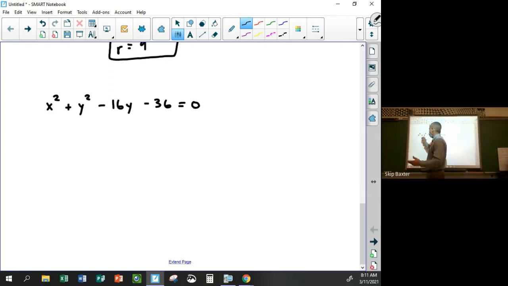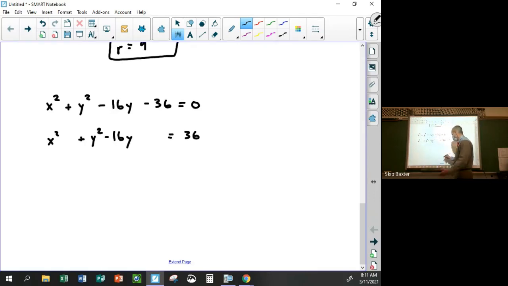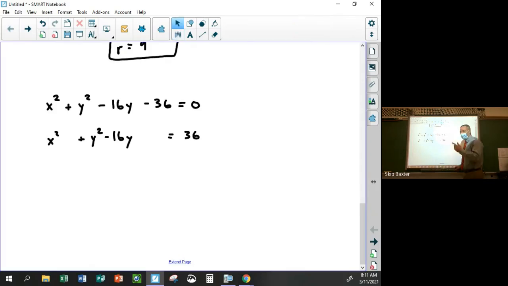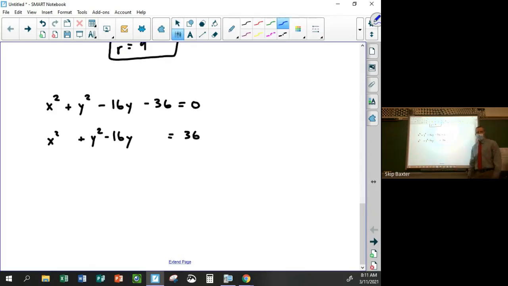So if I group together the x's, I just get x squared. If I group together the y's, I get y squared minus 16y. Leave some space. 36. So this one only has one square that needs completing, right? The y's. The x's is good.